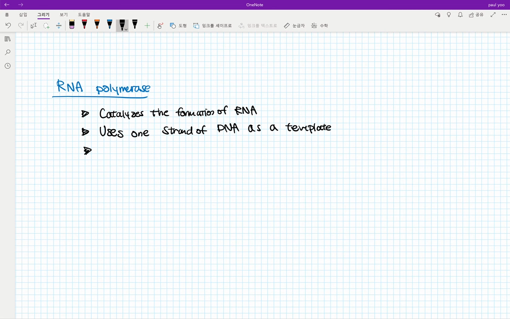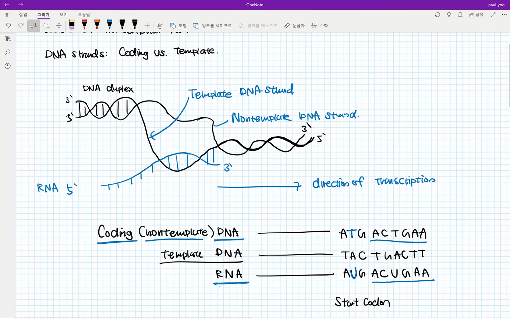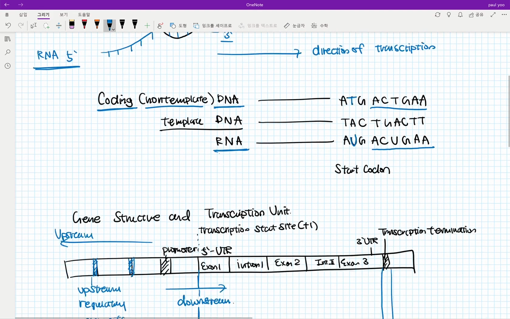Three, RNA synthesis occurs in the 5' to 3' direction. If you see the picture one more time, the template DNA was read from 3' to 5' direction, and the formation was from the 5' to 3'.